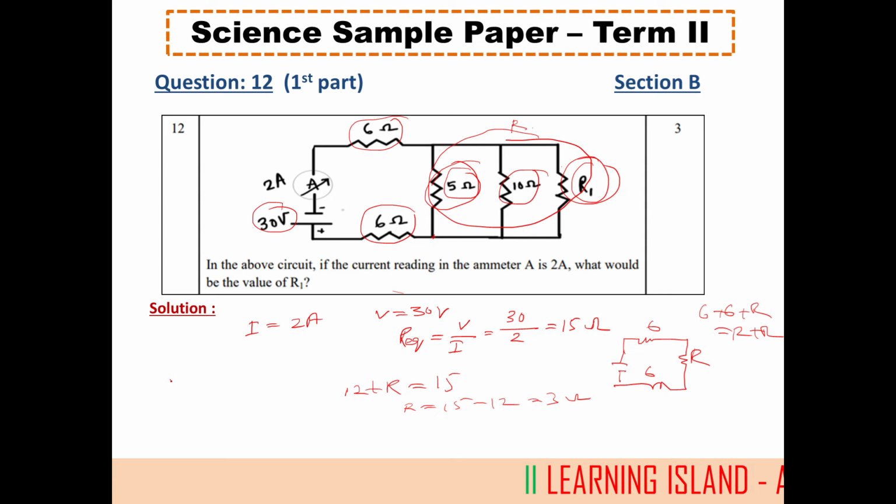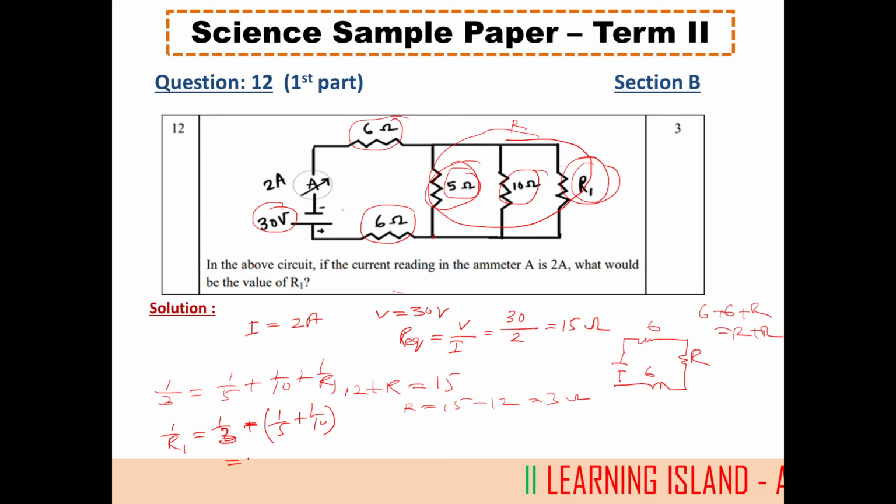So we can write, from the parallel connection, 1 by 3 equals 1 by 5 plus 1 by 10 plus 1 by R1. So from here we can get R1. 1 by R1 will be equal to 1 by 3 minus 1 by 5 plus 1 by 10.